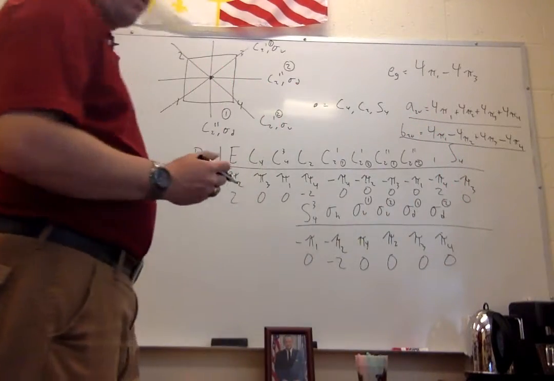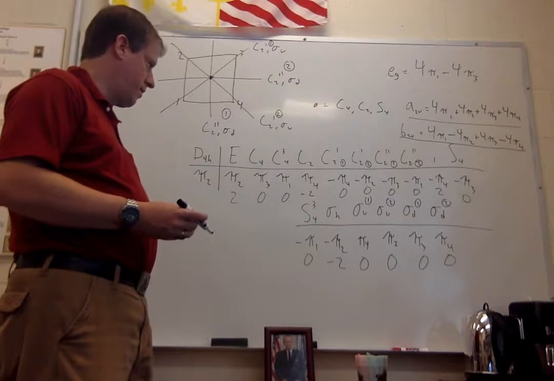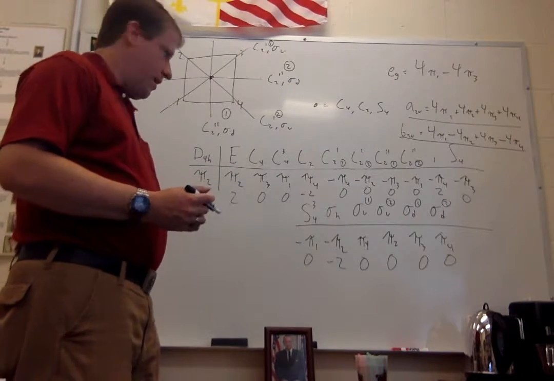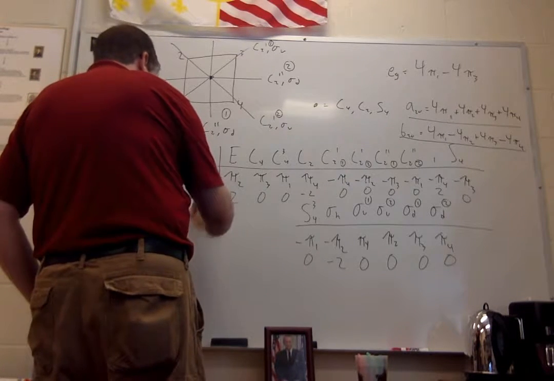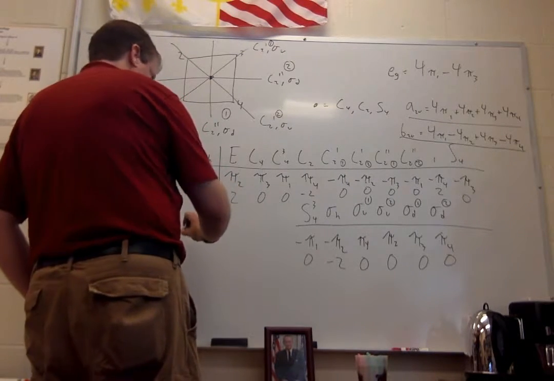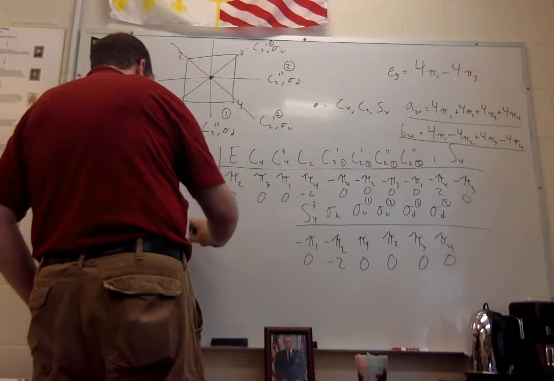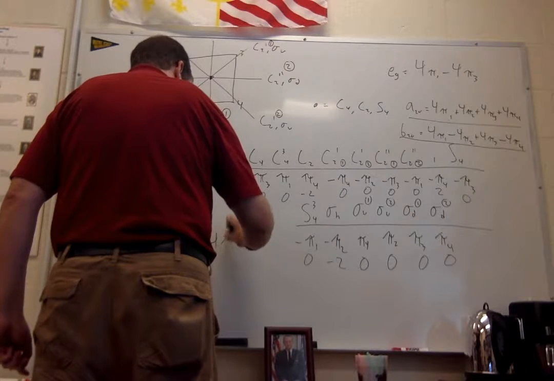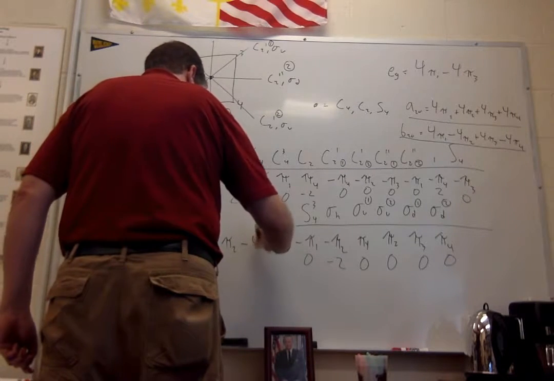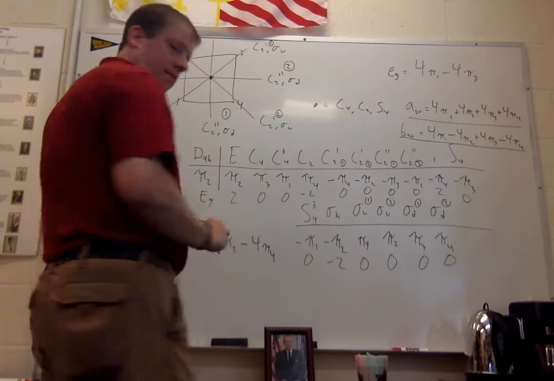a lot of these things are going to drop out from this. And what we get then for the other Eg is 4 pi 2 minus 4 pi 4.